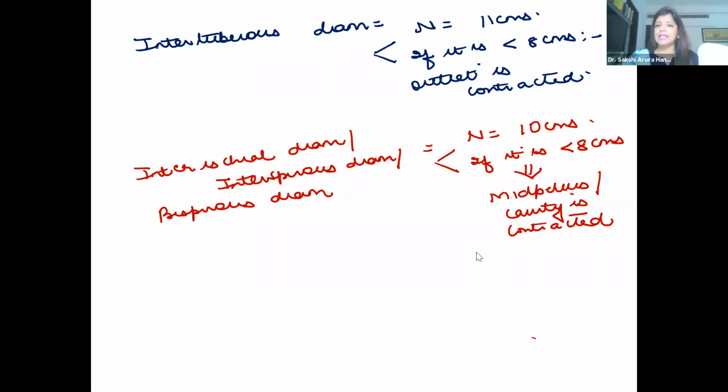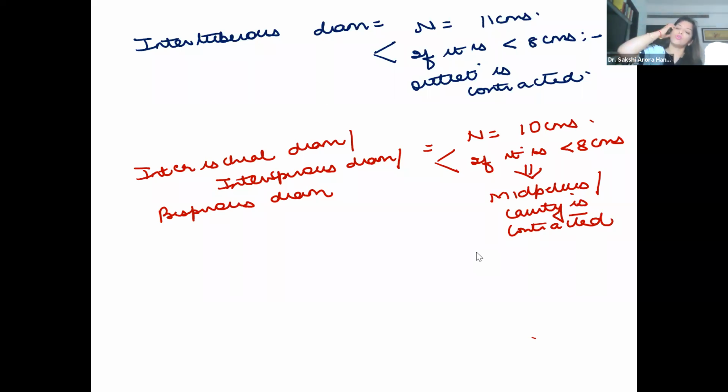Now, normally the interischial diameter or the bispinous diameter is 10 centimeters, and this is the most important diameter in the entire pelvis, right? Because no diameter is smaller than this. So it's the most important diameter. And if this diameter becomes less than 8 centimeters, then we say that the mid pelvis or the cavity is contracted.